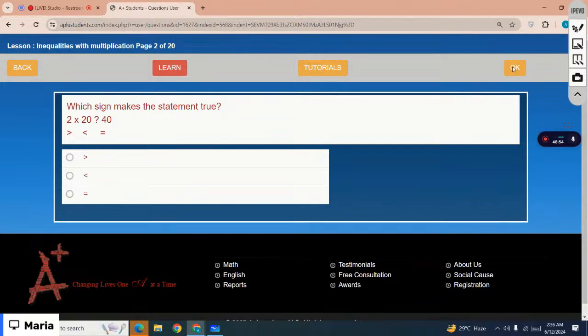They both are exactly equal because 2 times 20 is 40 and 40 is equal to 40. Option number 3 is the correct option. Very good.